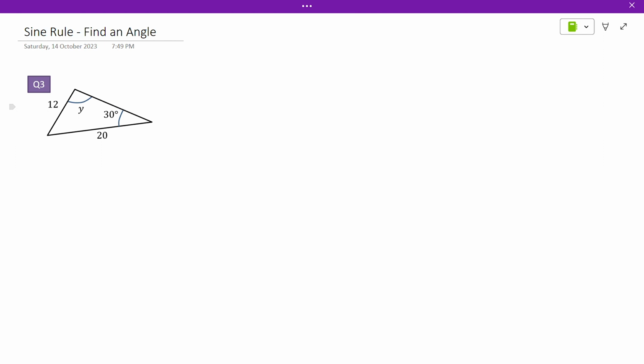Now this y is already labeled as a y, but for the purpose of the sine rule we like to use capital A's, capital B's, lowercase b's, and the same for C's. So starting at this y, because that's the point of interest, I'm going to label that as a capital A. And remember, two things are important here.